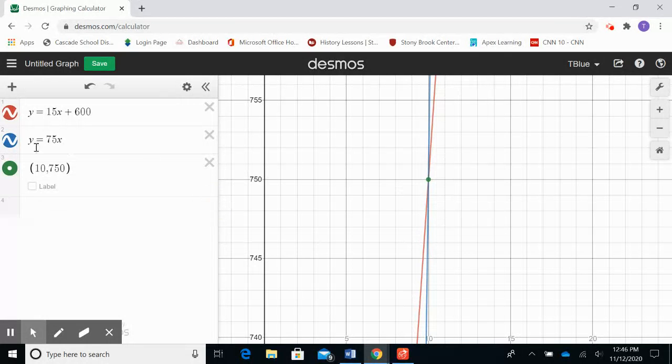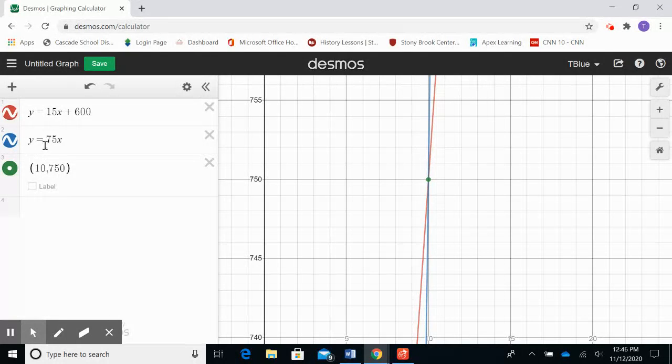So that's our solution. What solution means to a system of linear equations is that the solution is where two lines cross. Because this point, if we plug it into either equation, will be a true statement. If I plug 750 in for y, 750 equals 75 times 10.